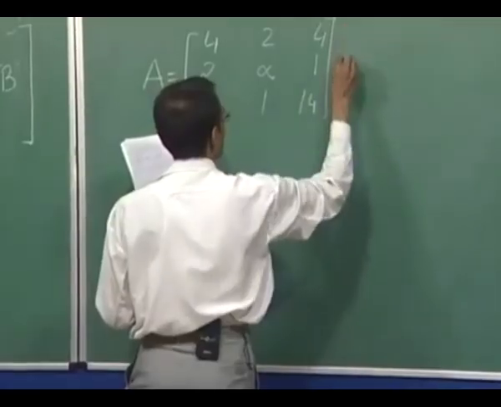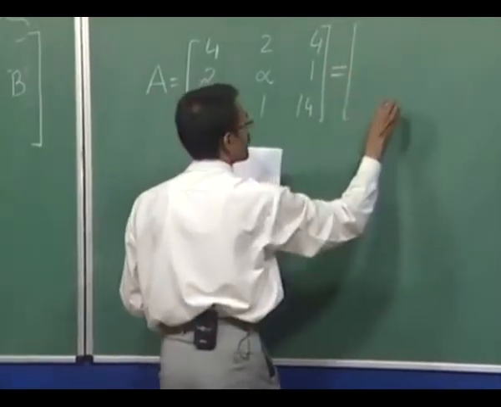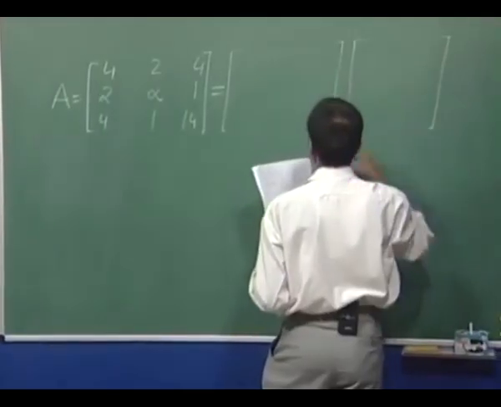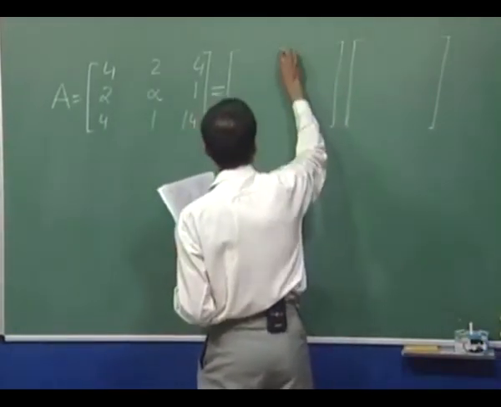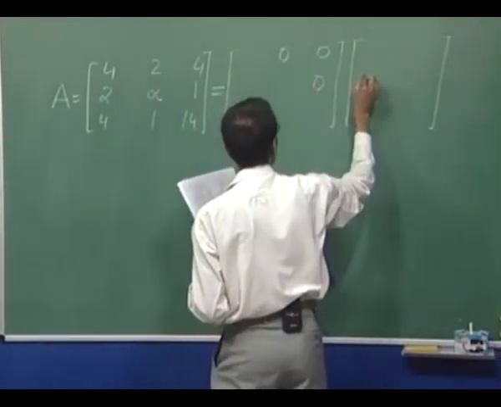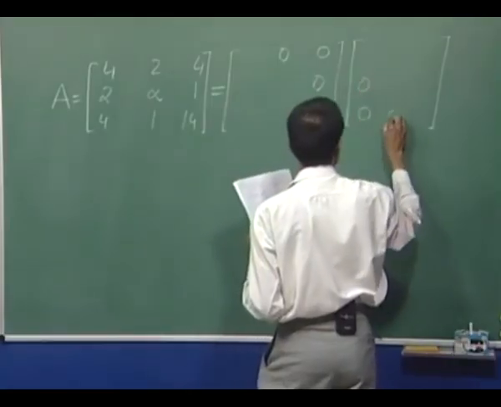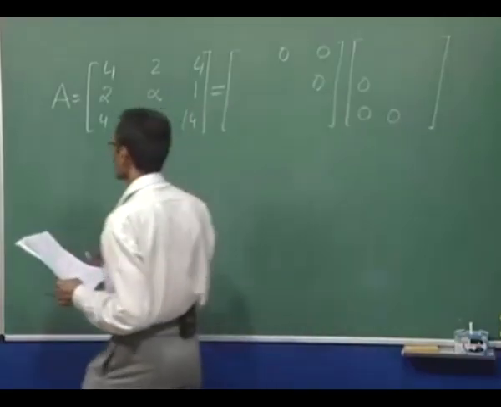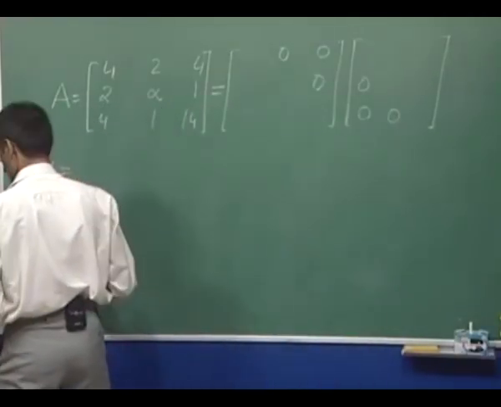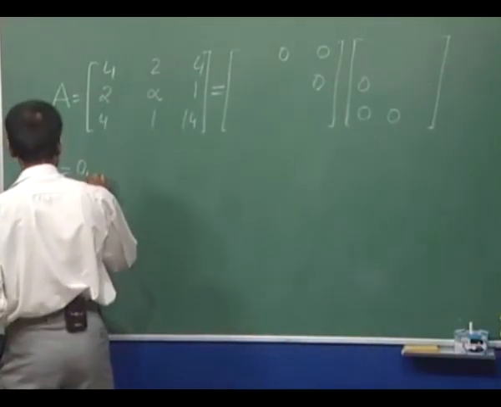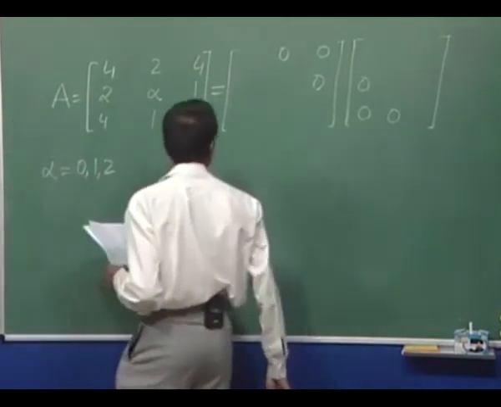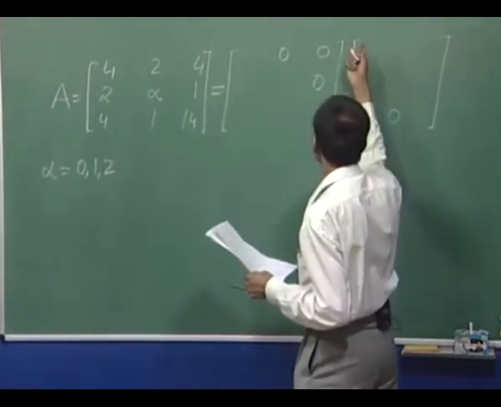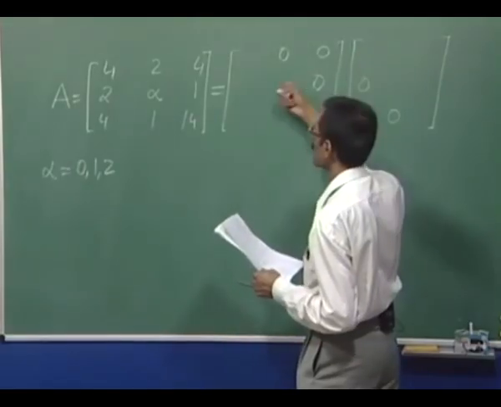We want to decompose it into L and L transpose factors, with these zeros already known, for 3 different values of alpha: 0, 1 and 2. First, what should be this value L11, which is also sitting here because this is just the transpose of this?